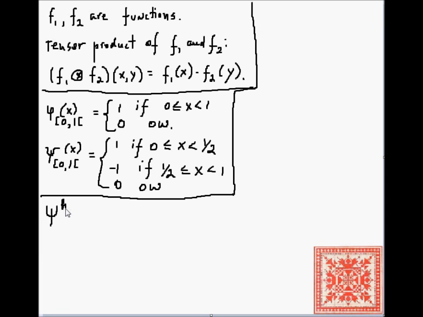Let's say big psi, where h is for horizontal, at 0, 0, at x, y is defined as the tensor product of phi on the interval from 0 inclusive to 1 exclusive, tensor times psi on the same interval, of x and y.